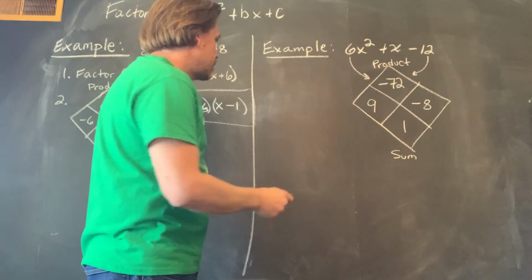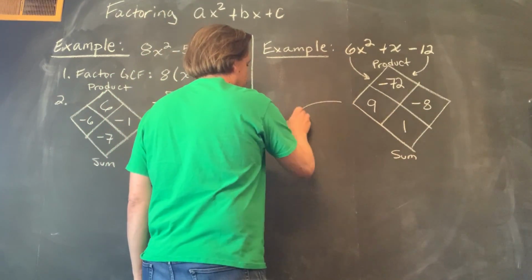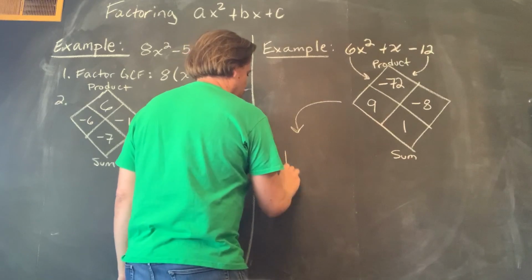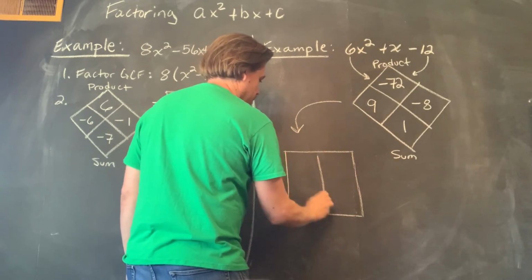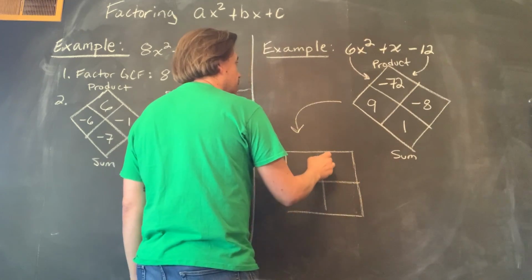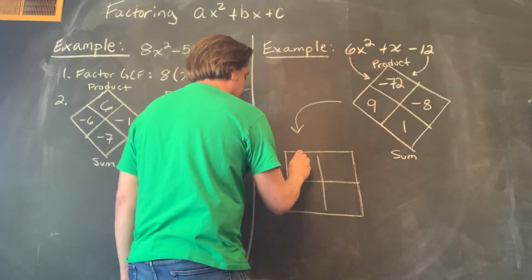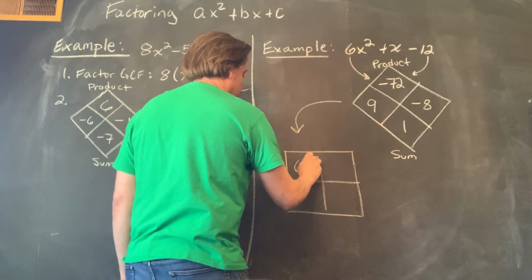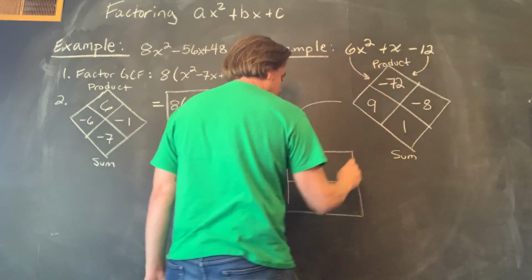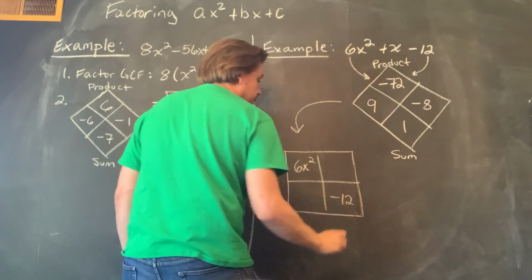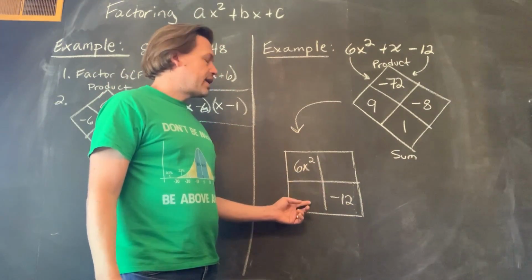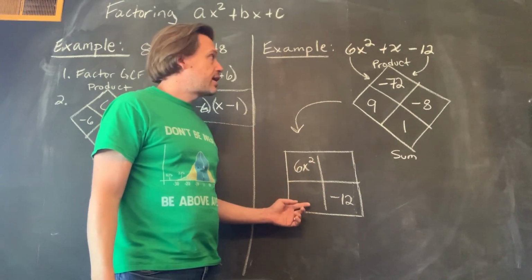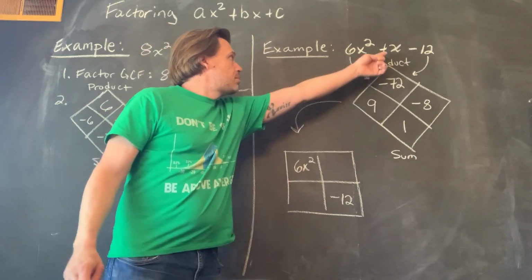Well, I'm going to use this box here. Once I get my diamond, I'm going to make a box to fill in. So the first thing I'm going to put here, 6x squared, goes in this column, and then my minus 12 goes down here. And then these two have to be my x terms that add together to give me positive x.